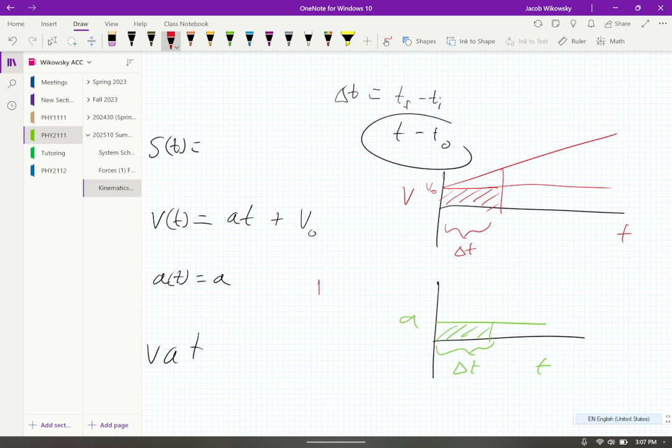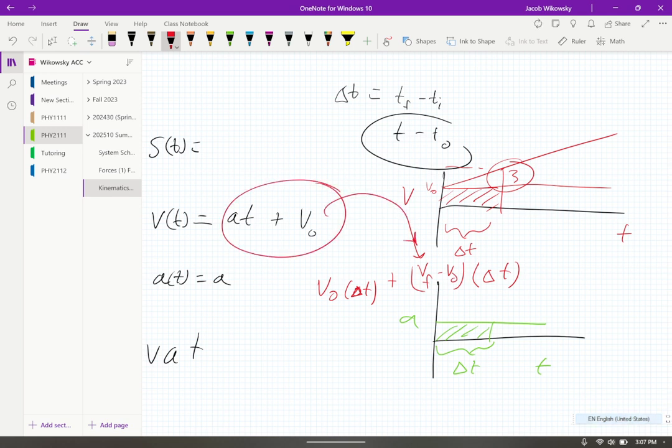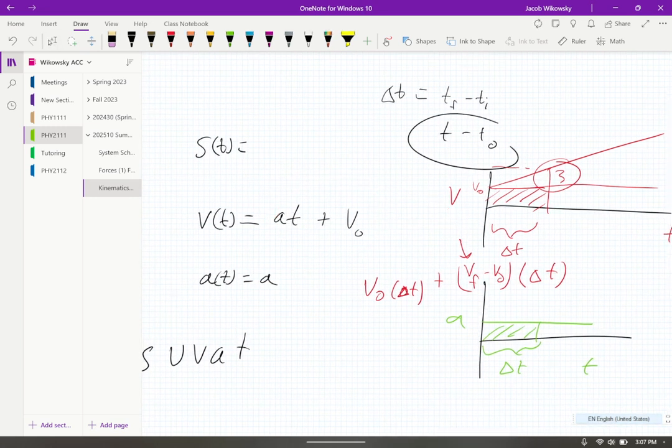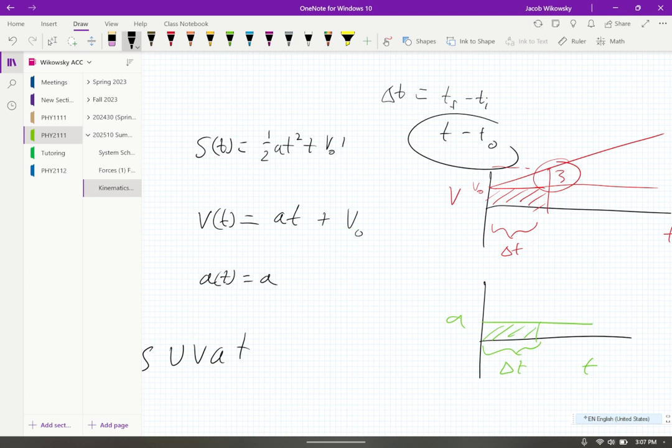A rectangular chunk where we have v naught times delta t, and you'll add this extra chunk here. You've got this final velocity minus the initial velocity, and then times delta t again, but final velocity is this whole equation. When you plug that in, you stir the alphabet soup, which we'll do a little bit more of in class. I just don't want to show it right now. We'll find that this will simplify into 1/2 a t squared plus v naught t plus the initial position.